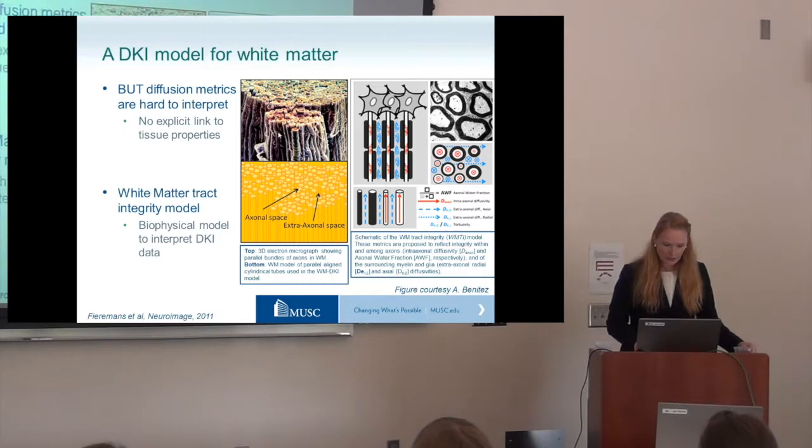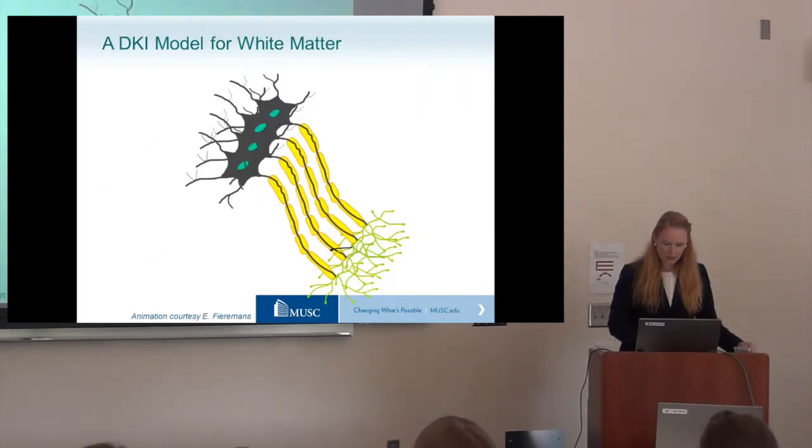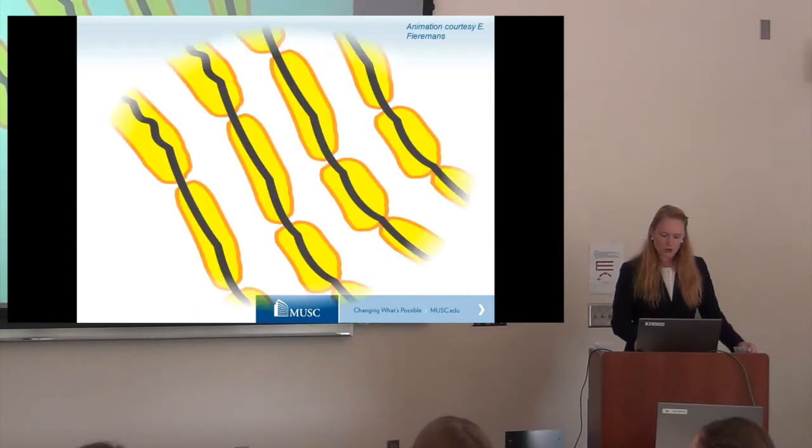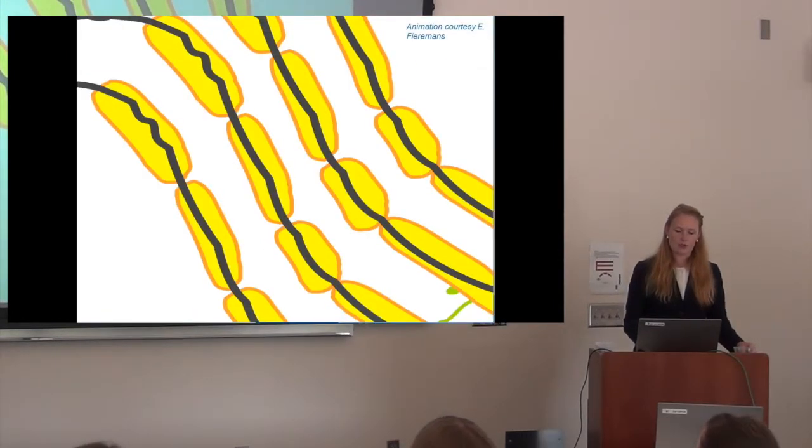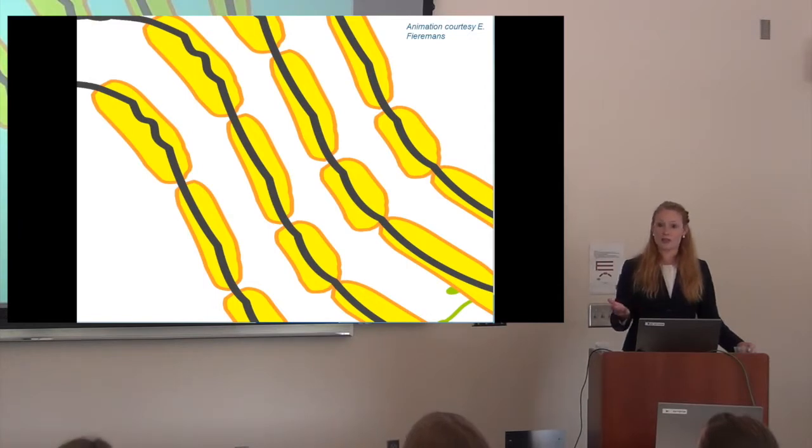I'm going to show you an animation to try and explain better how this works. So this is our assumption of how neurons might look in our brain. It's very cartoony.